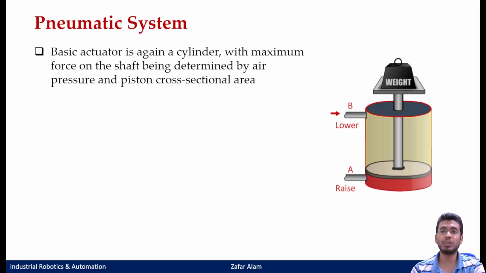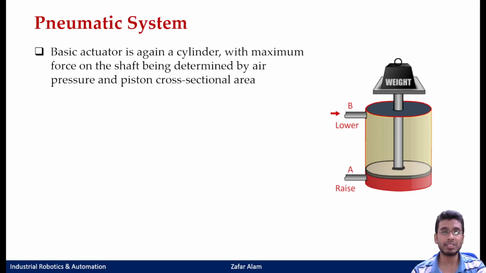Next, suppose we were to use the same task using a pneumatic system. What would be there? The basic actuator design, that is your cylinder, would remain the same. Although, what would happen to the design of the cylinders?